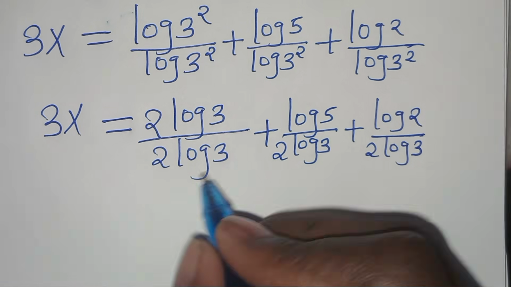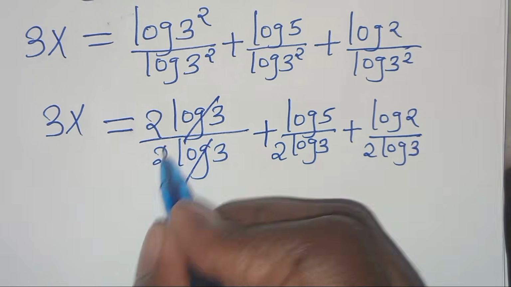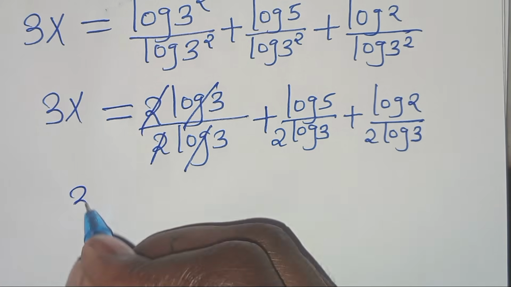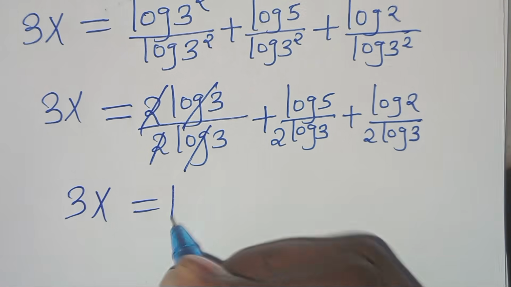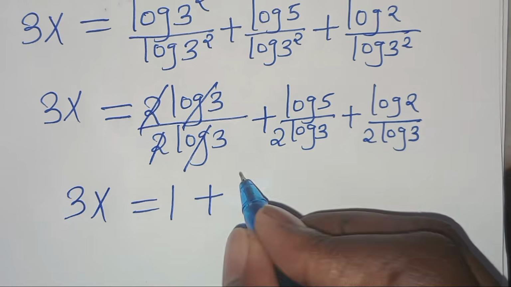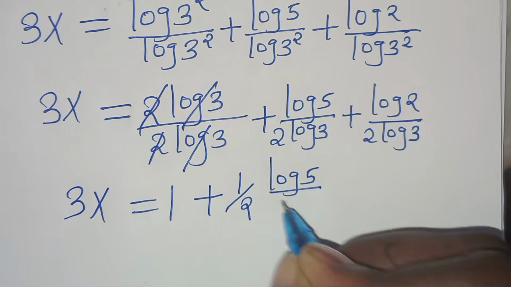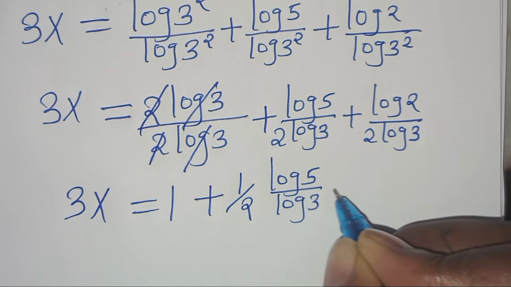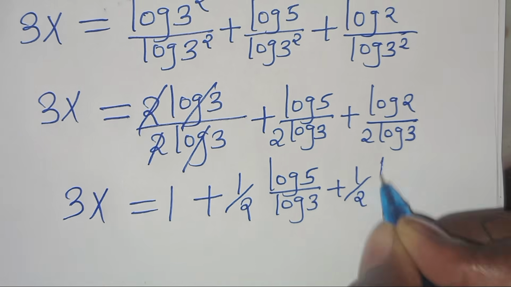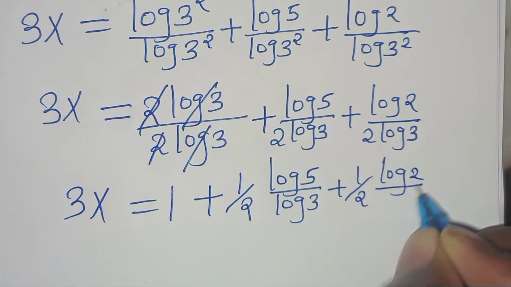Now, let's simplify log 3 and log 3 here, and 2 and 2, so that we have 3x equal to 1 plus a half log 5 divided by log 3, then plus a half log 2 divided by log 3.